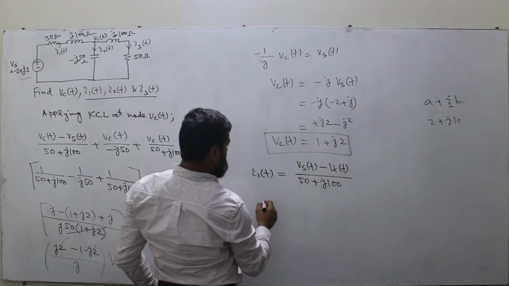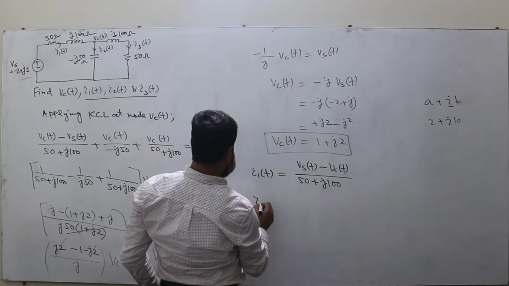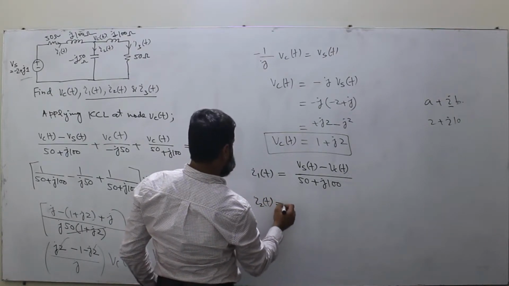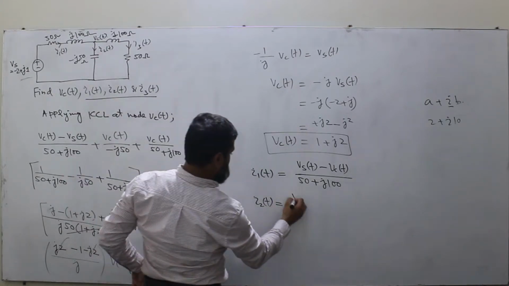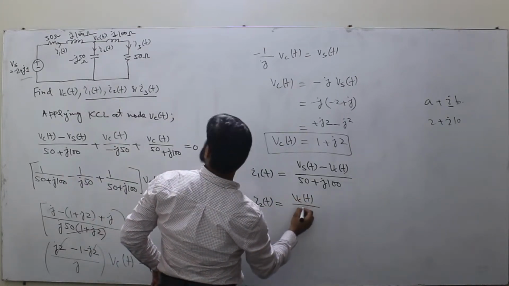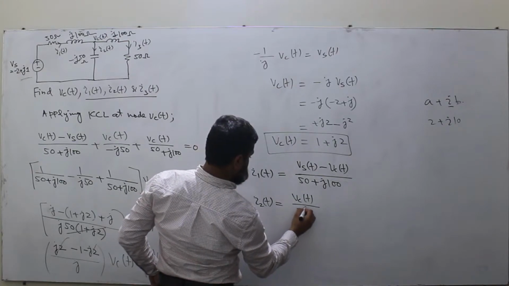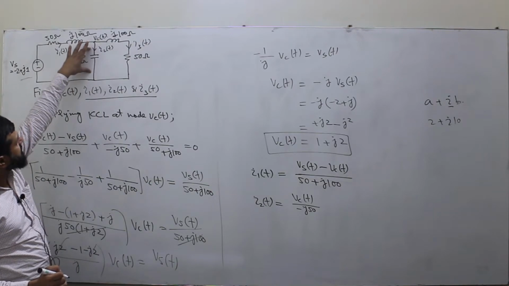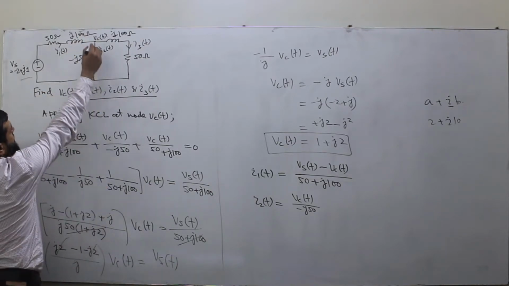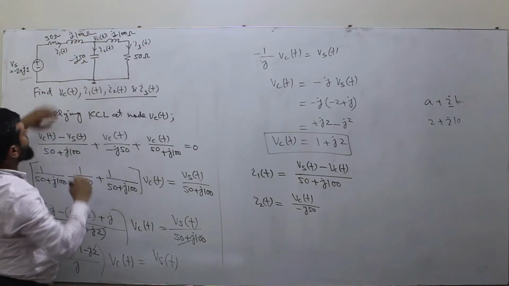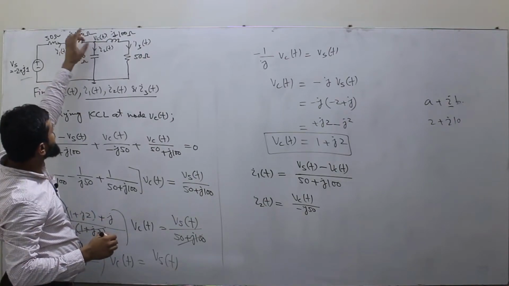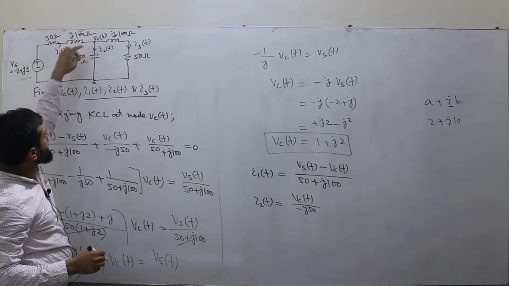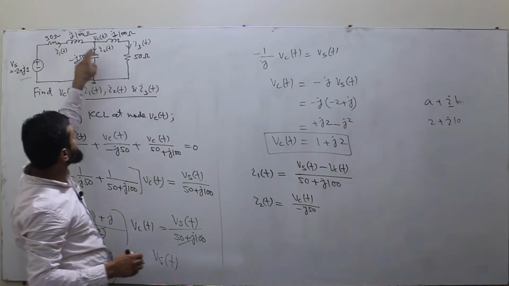Similarly, you can find the current I2(t), which will be Vc(t) divided by the impedance of this branch. Since this is ground, the voltage across this element is Vc(t), and divided by the impedance of this one you get the current of this branch.